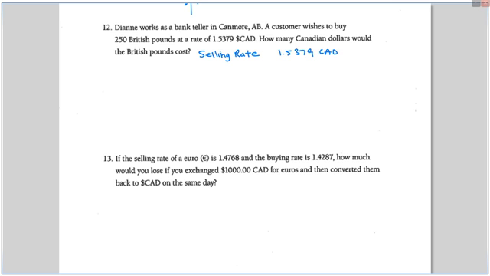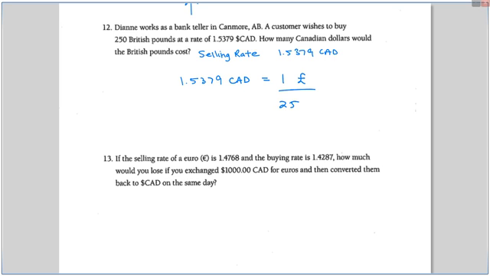1.5379 Canadian. So you have to give $1.53 basically. Sorry, 1.5379. You have to give this much Canadian in order to get 1 British pound.